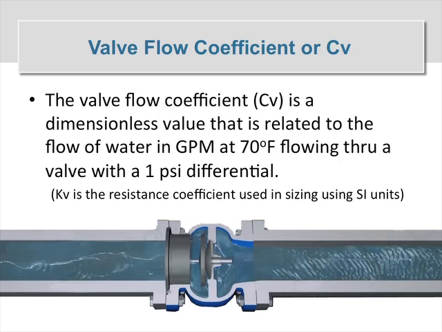And if you're doing all your work in SI units, then you might be looking at a KV number, which is the valve characteristic, as opposed to a CV. Because I just described that this CV is related to the flow of water in gallons per minute, you might be tempted to think that it has units like gallons per minute per PSI, but it really doesn't. It's just a coefficient that plugs into the sizing equations you're going to see in just a few minutes.